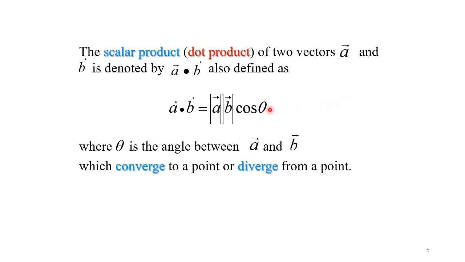We will use this formula to prove the properties that we already discussed in the previous slide, especially the first one, A dot A equals the magnitude of A squared. Because it is the same vector, the angle is 0 and cos 0 is 1. So the magnitude of A times the magnitude of A gives the magnitude of A squared.